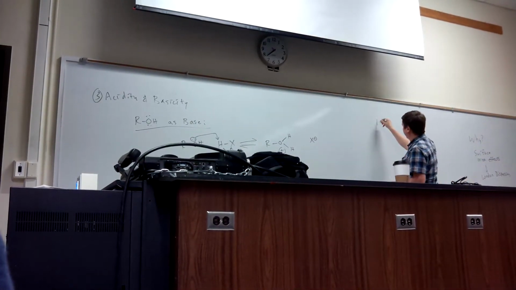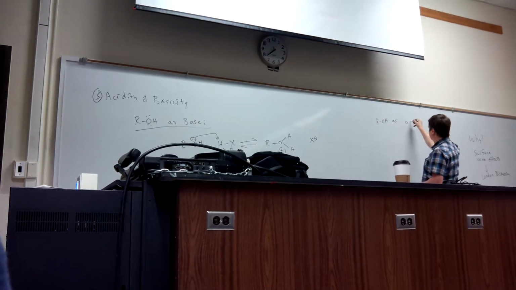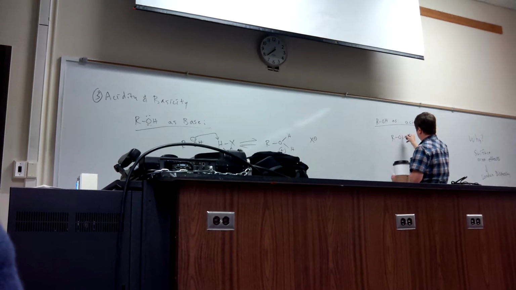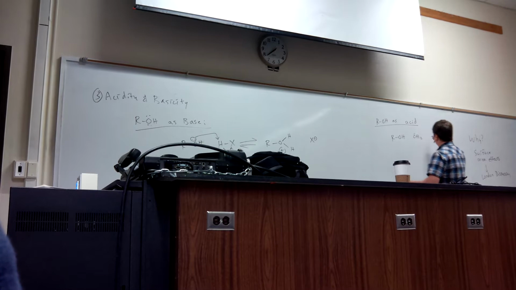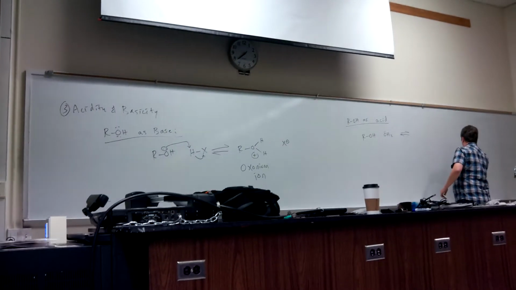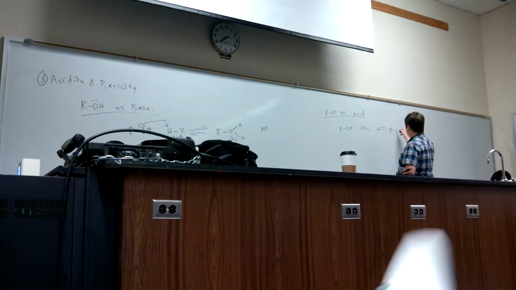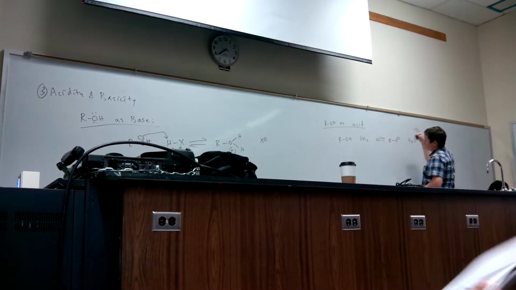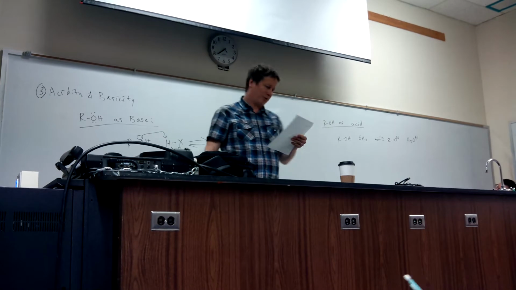So alcohols can also be acids. And assuming we're using water, we get an equilibrium like this, and this is kind of the standard thing you've seen a million times.